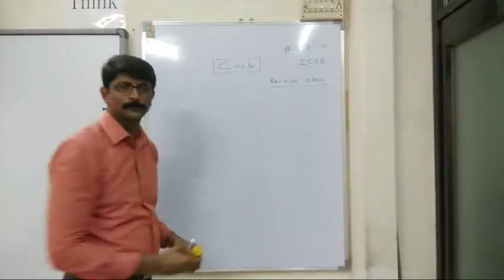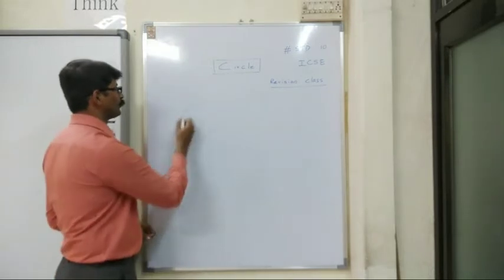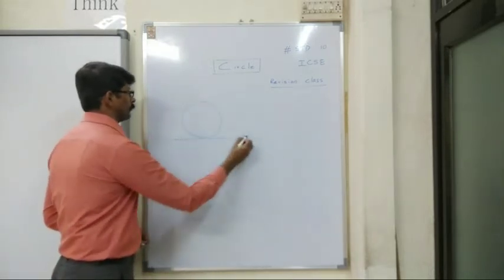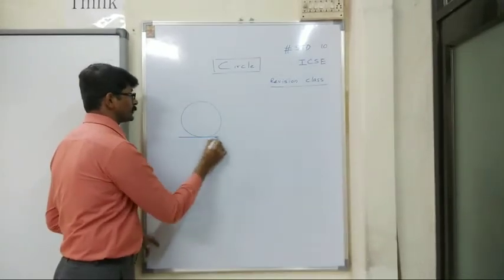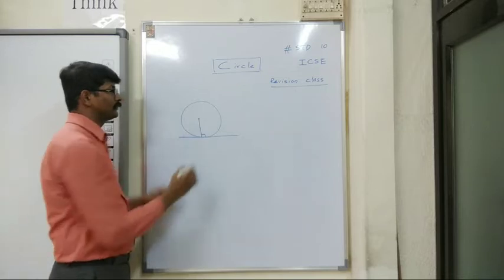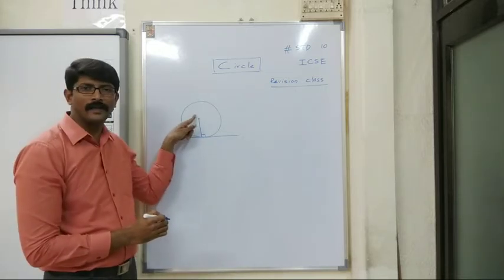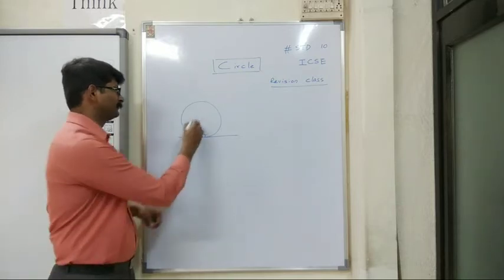The 6 tangent properties. What are the 6 tangent properties? First one: the radius and tangent are always perpendicular. This is basically the radius. Now what is a radius? A line segment joining the center to the circumference is called the radius.